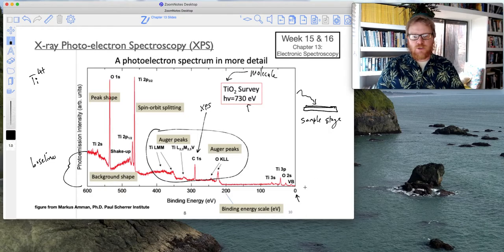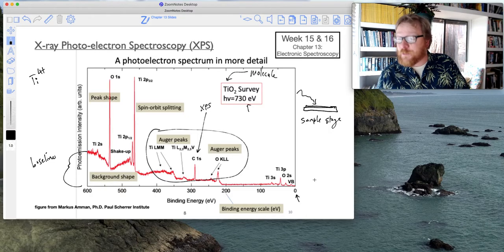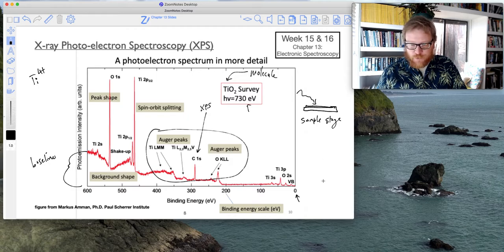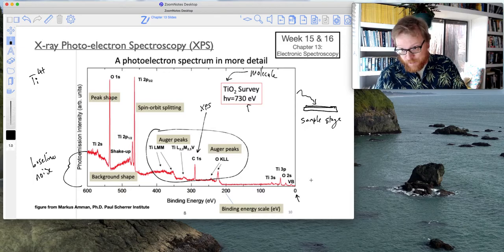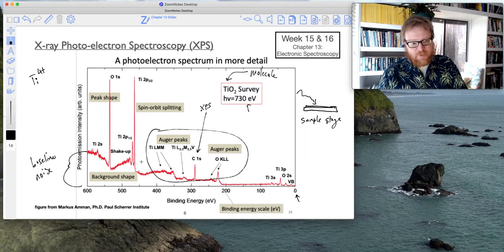And those electrons are typically not well defined. They're not coming from quantized levels. And so that gives a lot of background noise, okay? So that's just a really noisy background. And that's why the process of deconvolution in XPS is really important, because these baselines in XPS are always quite terrible.